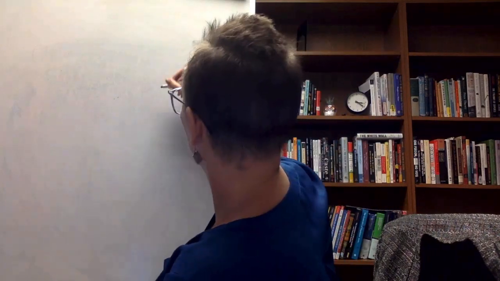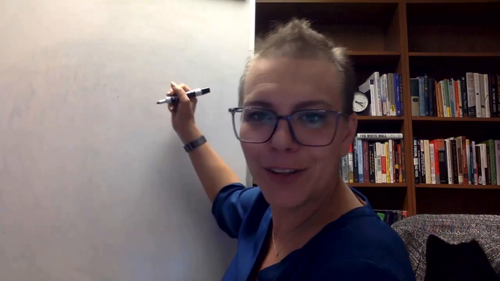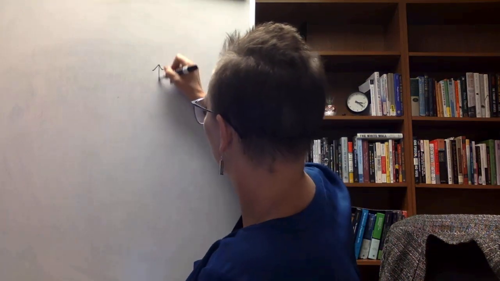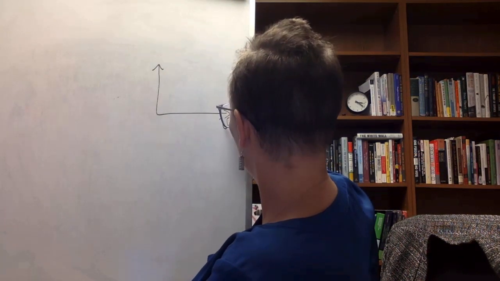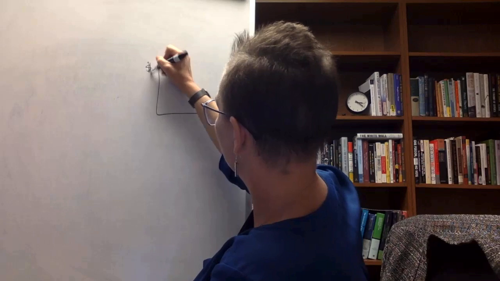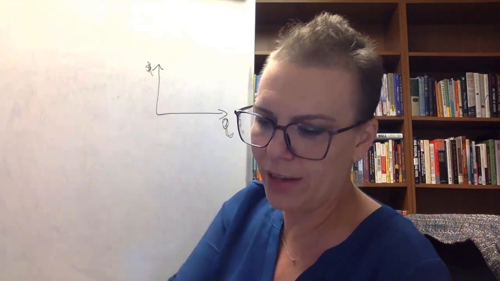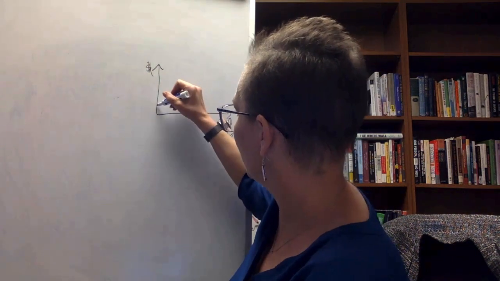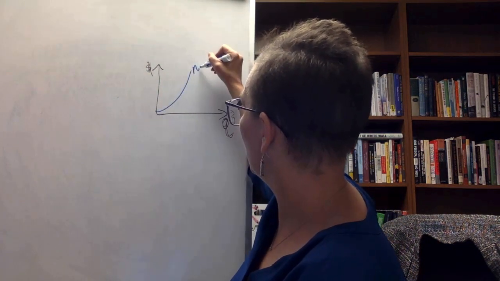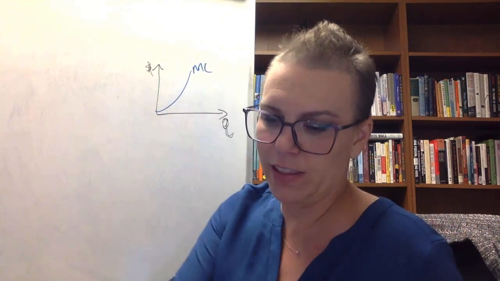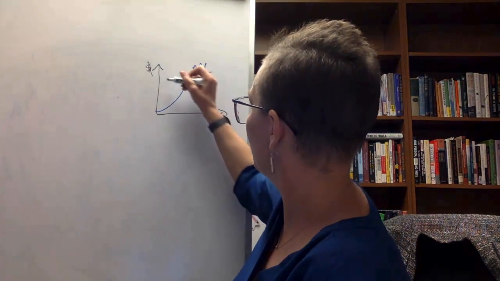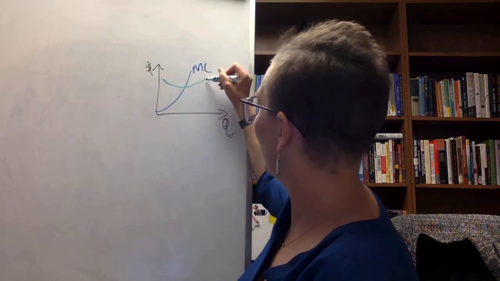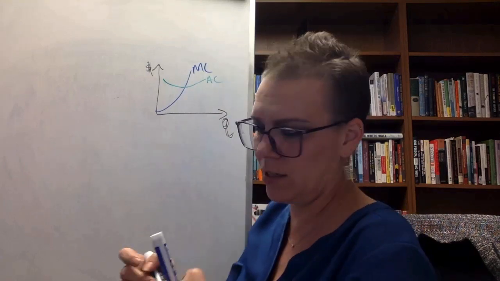So if we think about, I just erased it. If we think about traditional markets, any market that's not a natural monopoly, we're going to see that they're going to tend to look like this, right? They're going to have generally either a fishhook or an upward sloping marginal cost curve, and what I like to call the smiley face average cost curve, something that goes down and then rises after it crosses marginal cost.